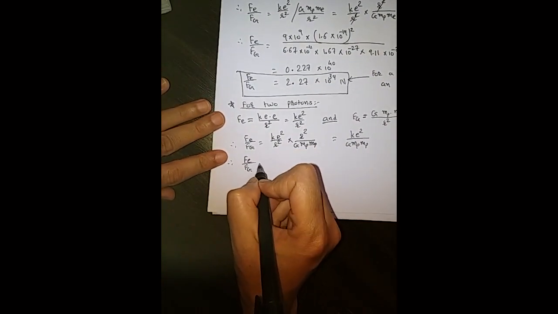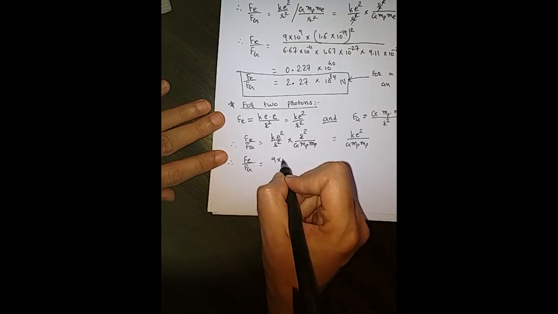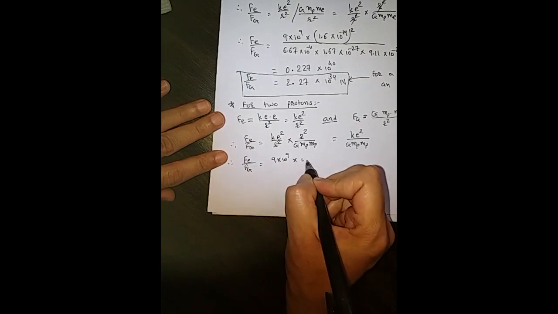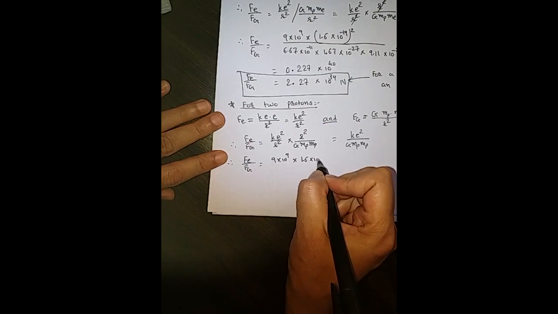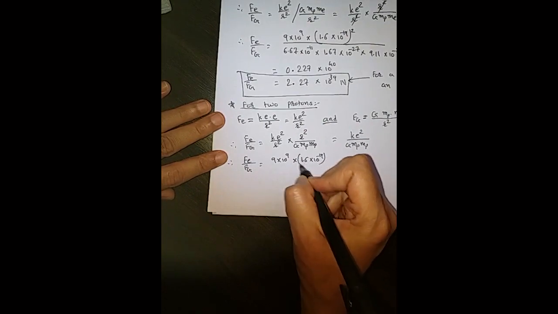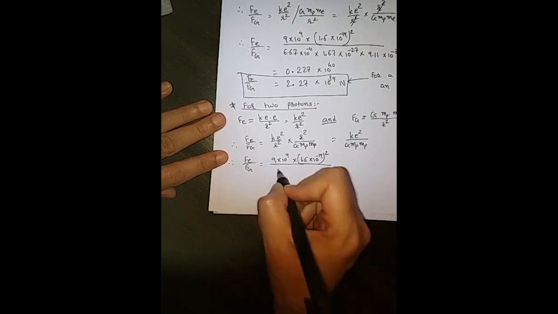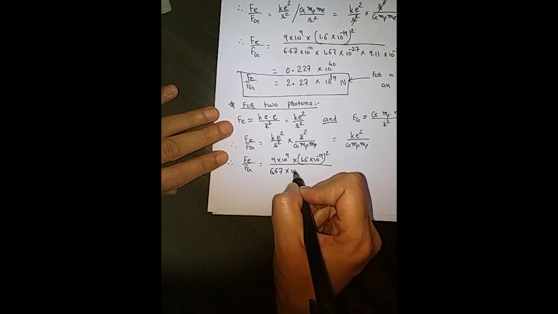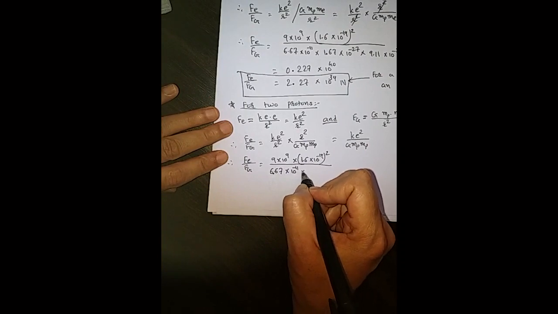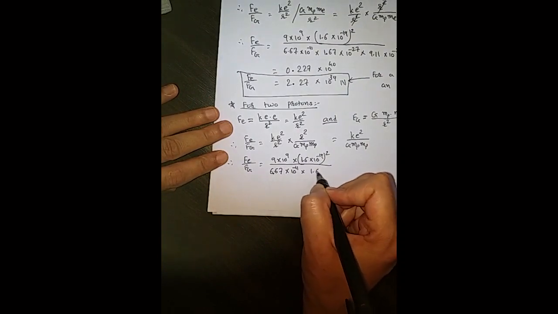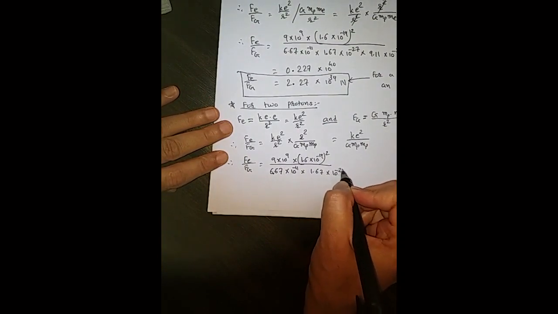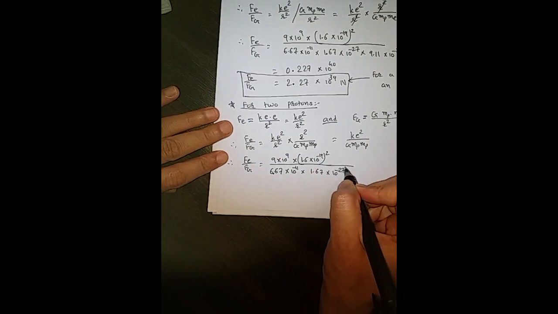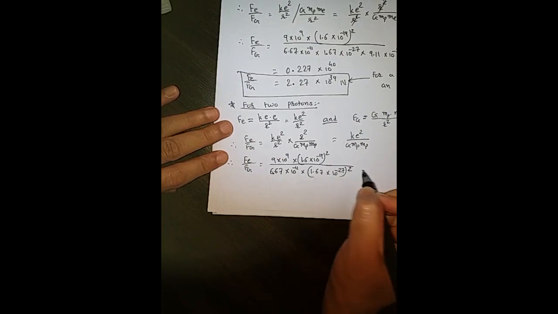Fe upon Fg is equal to 9 × 10^9, (1.6 × 10^-19) whole square, divided by 6.67 × 10^-11, mass of proton 1.67 × 10^-27, again mass of proton, so it is square.